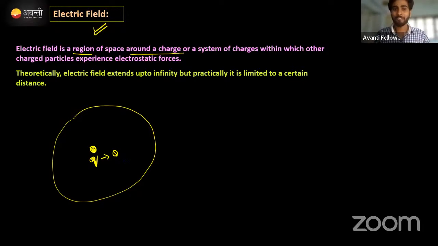If someone comes into my field, I will teach them some physics, and they will experience what physics is. In a similar way, if some other charge, which we call a test charge, comes into this field, this test charge will experience some force from this charge.